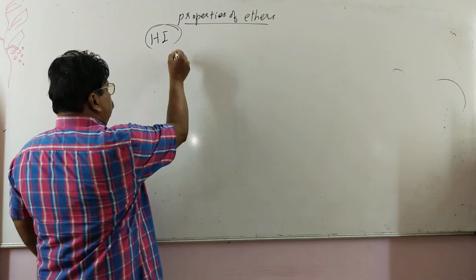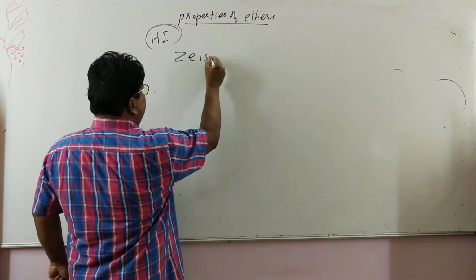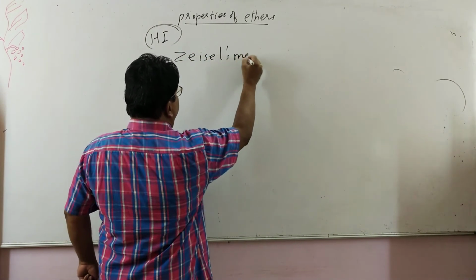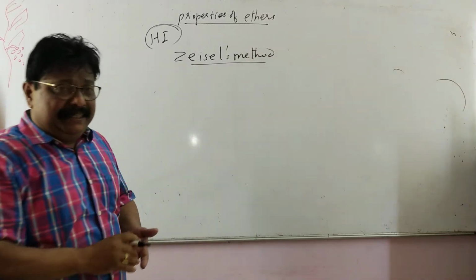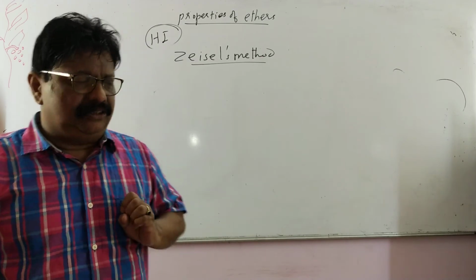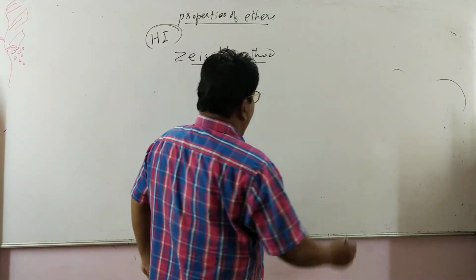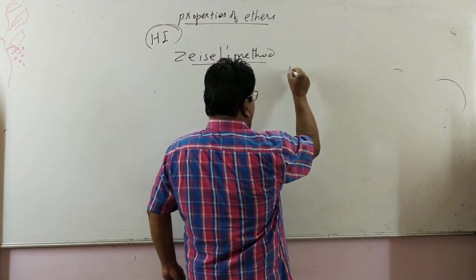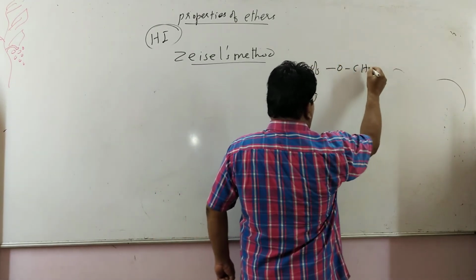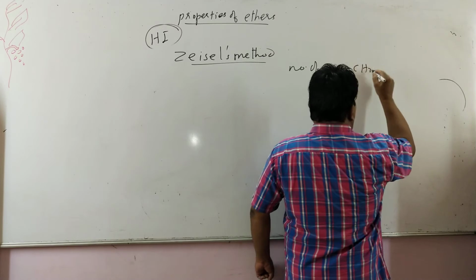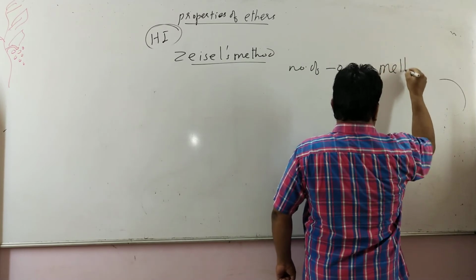I want to explain what is Zeisel's method. Without explaining this, ether will be incomplete. The number of OCH3 groups, meaning methoxy groups.